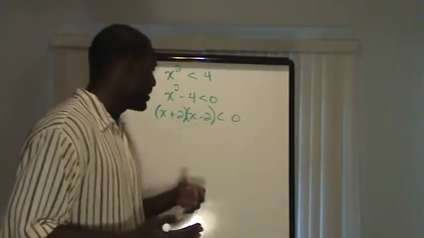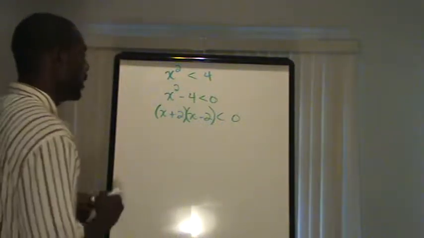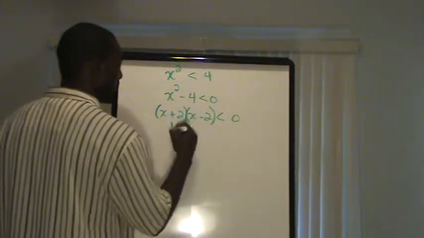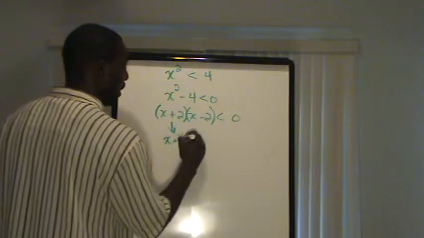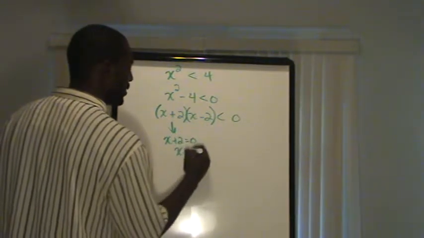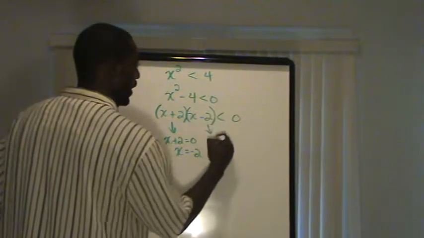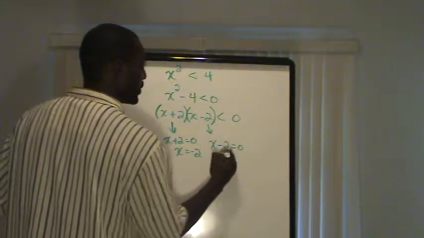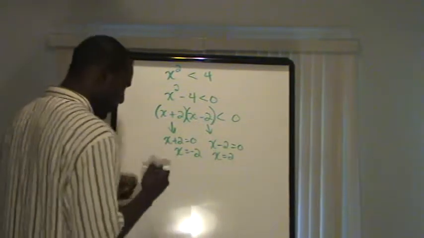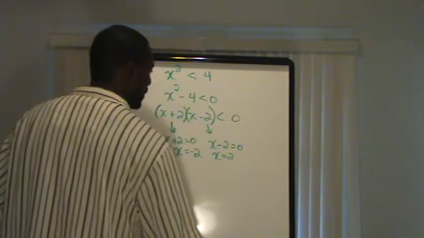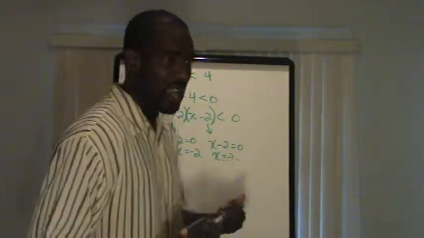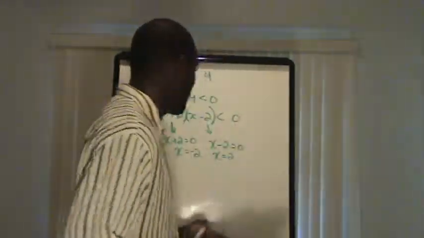And as you can see, this is an easy one-step equation. X plus 2 equals 0 says that x is equal to negative 2, and x minus 2 is equal to 0 says that x is equal to 2. So our two test points that we'll use to partition the number line will be 2 and negative 2.